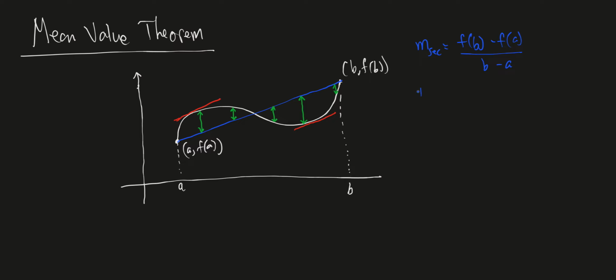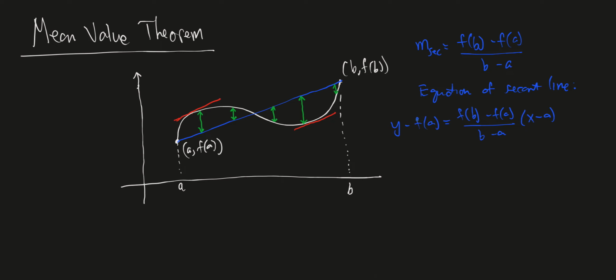So the equation of the secant line is y minus f of a equals, and here is the slope, not a nice expression but the correct slope, times x minus a.